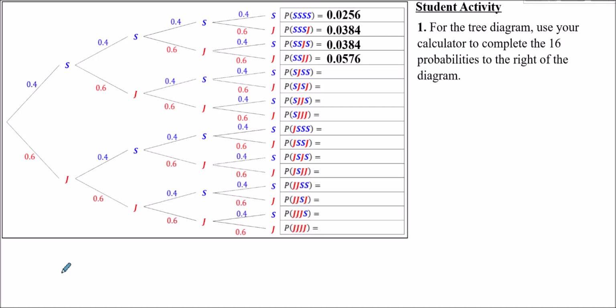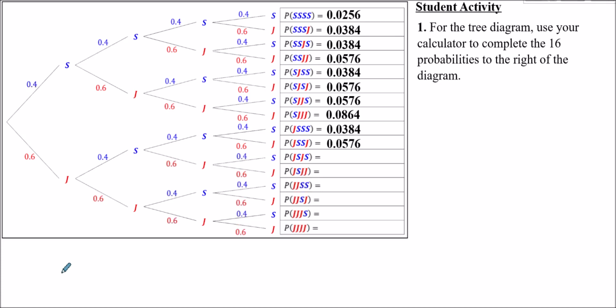The chance of Sean winning the first, Jamie the second, then Sean the last 2 is 0.0384. The probability of it going Sean, Jamie, then Sean, Jamie is 0.0576. The probability of Sean, then Jamie, Jamie, then Sean is 0.0576 again. Probability of Sean winning the first and losing the next 3 is 0.0864. Probability of Jamie winning the first and Sean winning the last 3 is 0.0384.